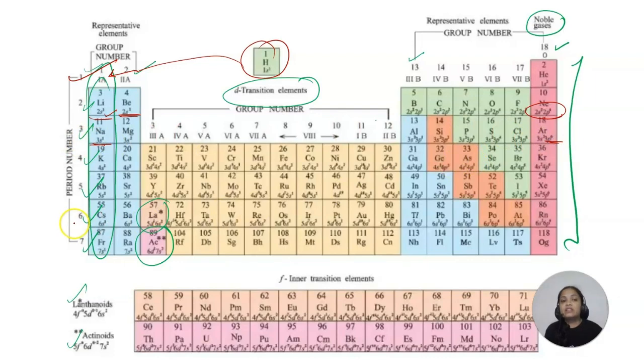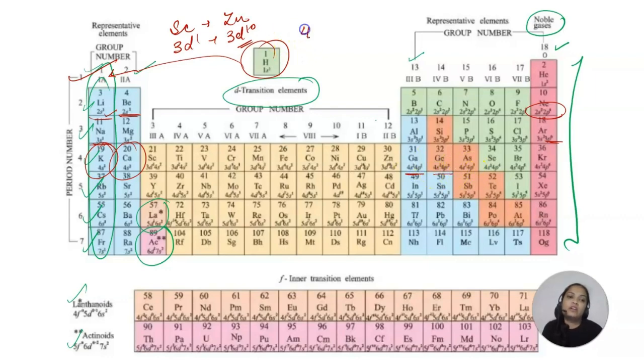Then if you look at the fourth period, now 4s and 4p will be filled. But after 4s is filled for potassium and calcium, the 3d orbitals come. The 3d orbitals start to get filled from scandium up to zinc, 3d1 to 3d10, and then we again have 4p.